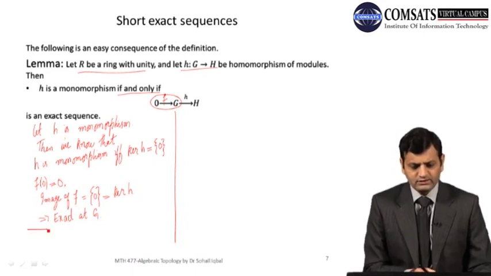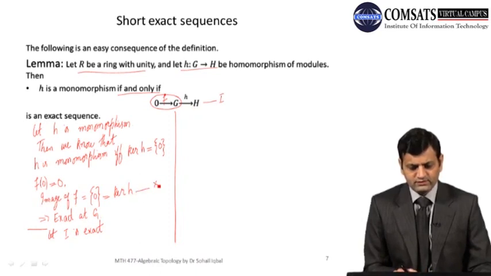Now conversely, assume that this sequence is exact. If it is exact, then using this condition star, the image of f should be equal to the kernel of h.